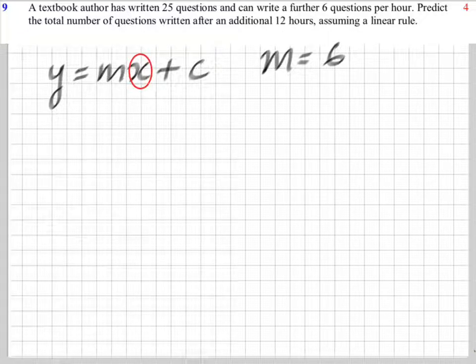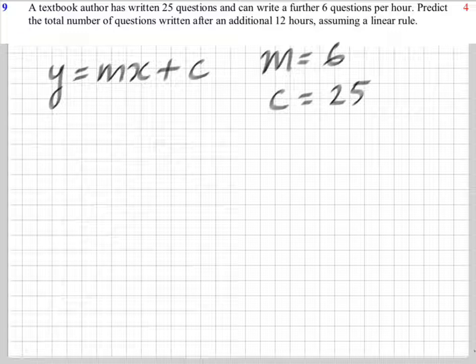So if this is 0, this whole thing eliminates. What's the constant term? C. From 0 hours, we're left with 25 questions from the beginning. So my c is equal to 25, because in 0 hours, from the very beginning, there were 25 questions written.